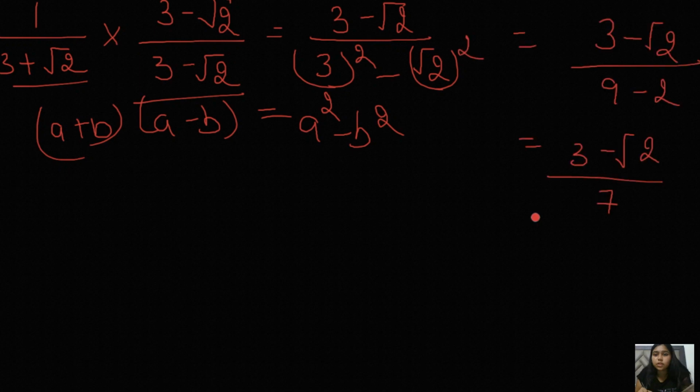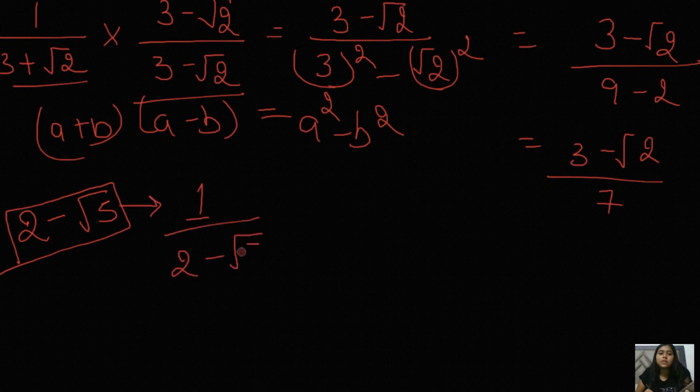And if we are given to rationalize something that is not in the denominator but in the numerator, then for the rationalization you just have to take the reciprocal of it, and then repeat the same steps as I have taught you in the above question.